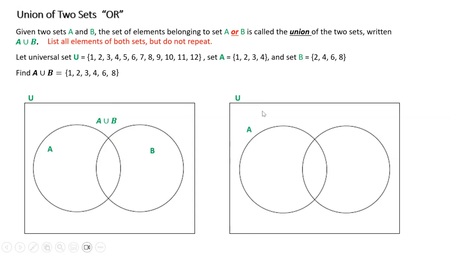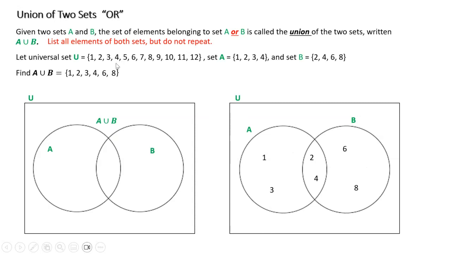So, set A, we can start with what they have in common. We have 1. Remember the 2 and the 4 they have in common, so they go there. Then we have the 6 and the 8. That's going to represent A union B.